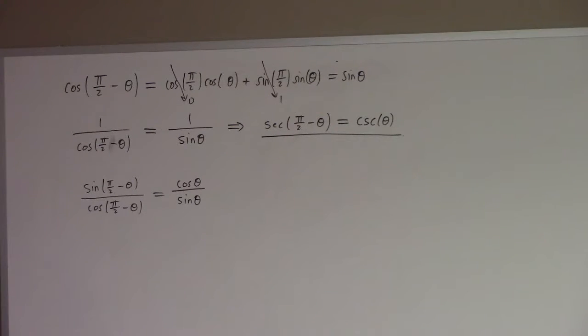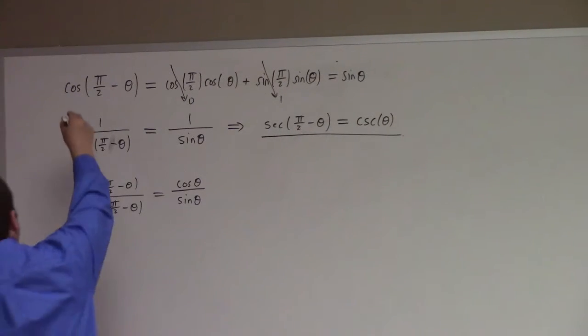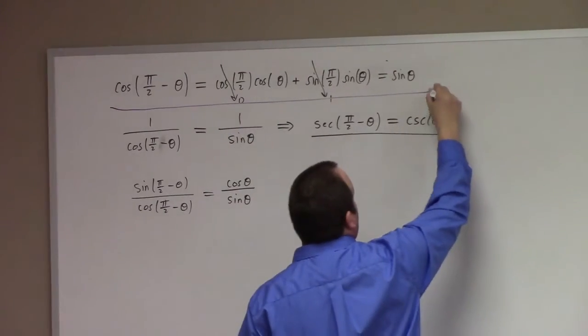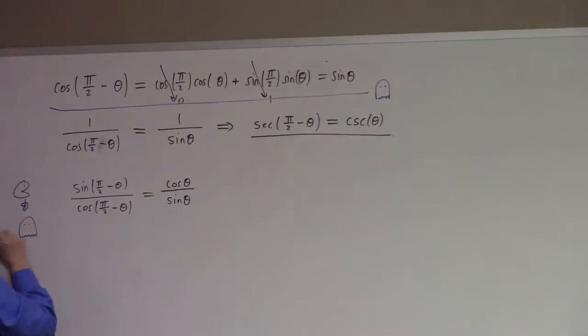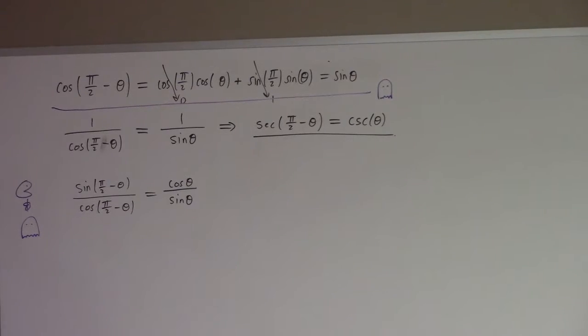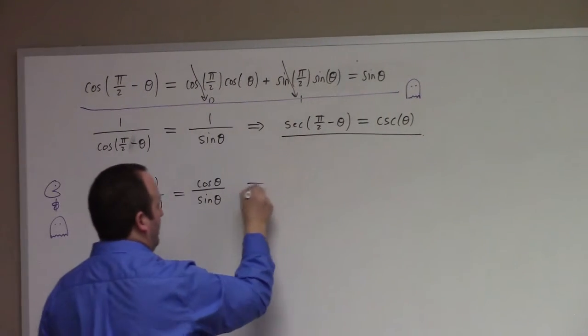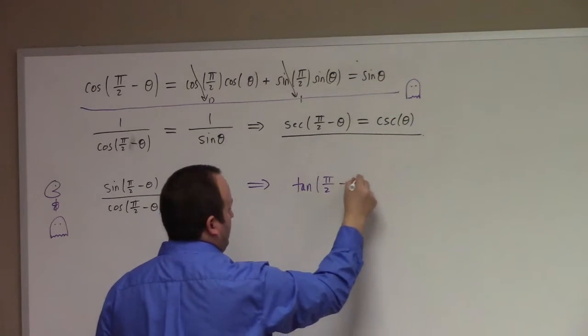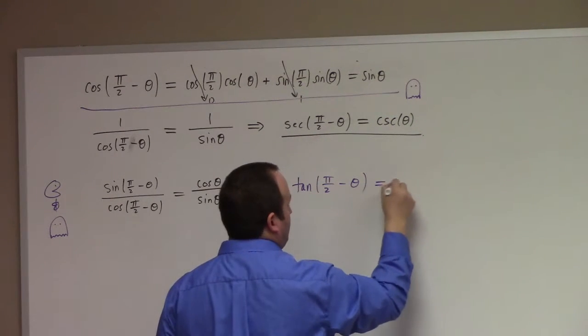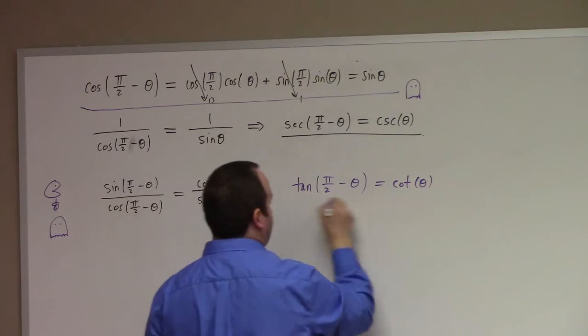I'm using, let me call this one Pac-Man, and I'll call this one Ghost. So there you have it. The tangent of pi over 2 minus theta is equal to the cotangent of theta.